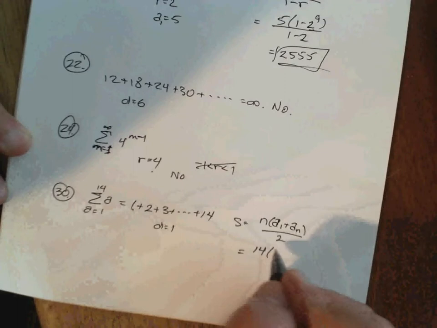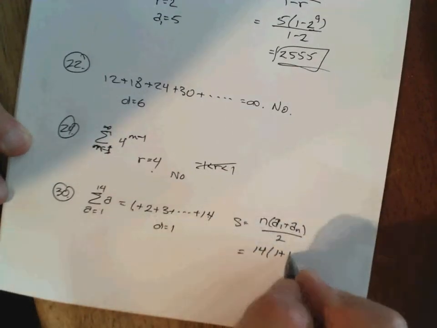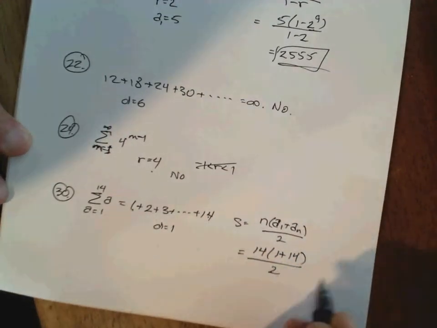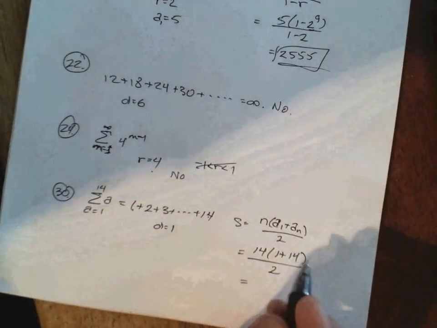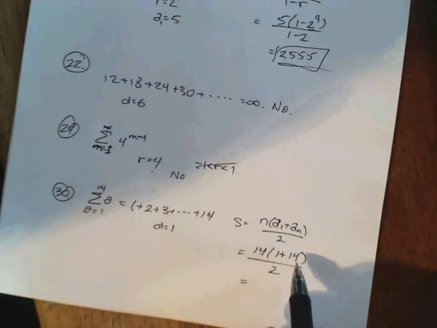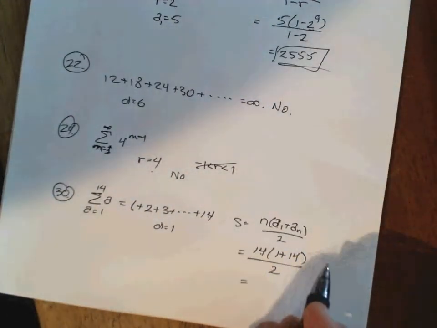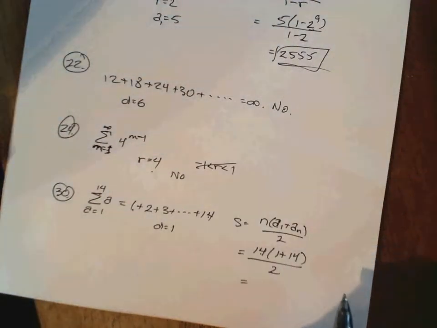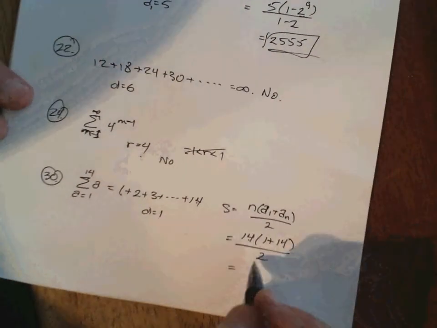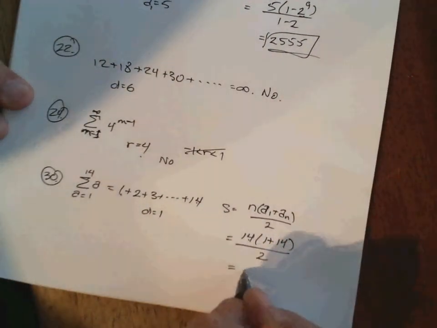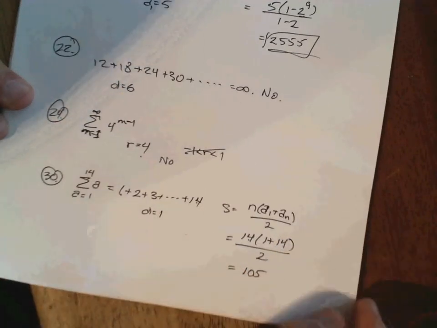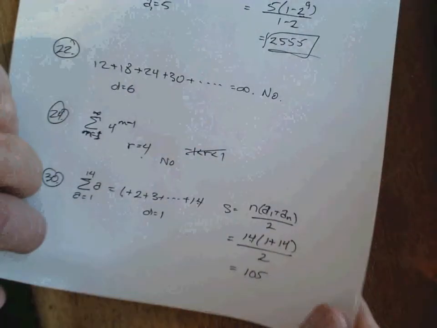So in this case, n is 14. A sub 1 is 1. A sub 14 is 14. So you're getting here basically 14 times 15 divided by 2, or 7 times 15. So 105. Okay. All right. Let's take a look at problem number 32.